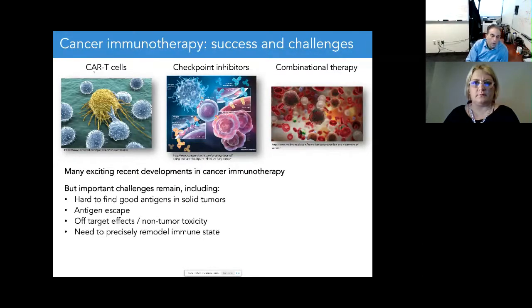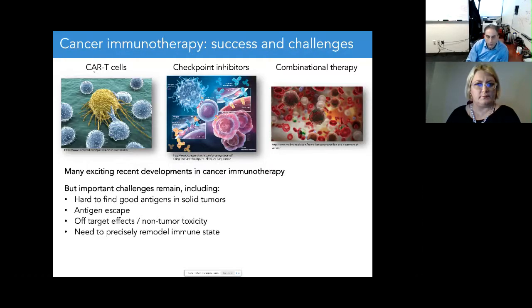Even though there's been amazing progress there, there are still some important challenges. How can we more precisely control the inflammatory activities so that we get the good inflammatory activities, but don't create over-inflammation that could become harmful?